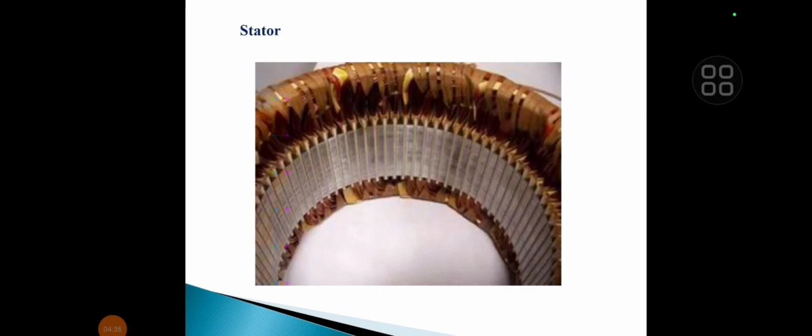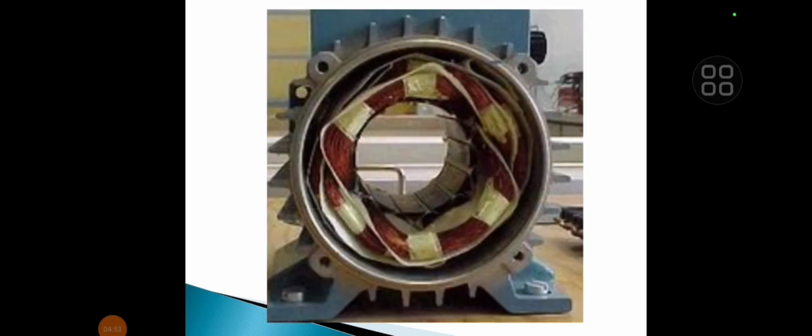So this figure shows the construction of stator. Here in that stator slots the copper winding is placed uniformly. This is the stator, and this stator core is placed inside the yoke or frame. Okay.